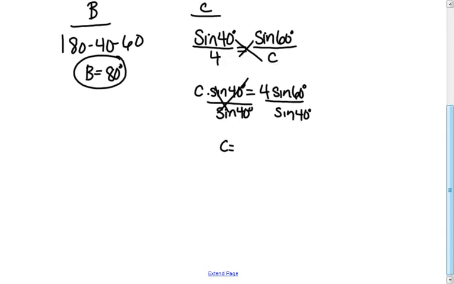You're going to type in 4 times the sine of 60, make sure you close the sine of 60, divided by the sine of 40. And make sure your calculator is in degree mode. So practice doing that. When you do that, side C should come out to be 5.39. I didn't give you any units in this case, so we won't be able to label it, but I will just say side C is 5.39.